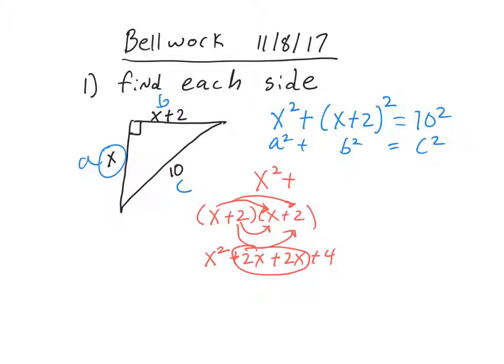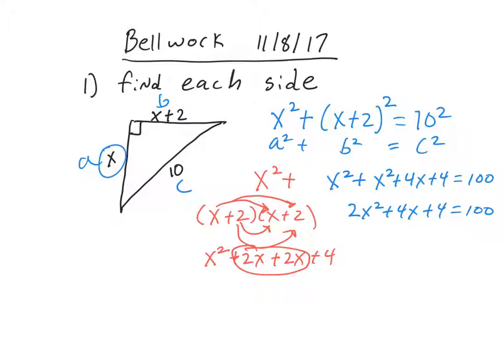So we're going to end up with x squared plus x squared plus 4x plus 4 equals 100. And then we just have to combine the x squares, so we'll get 2x squared plus 4x plus 4 equals 100.